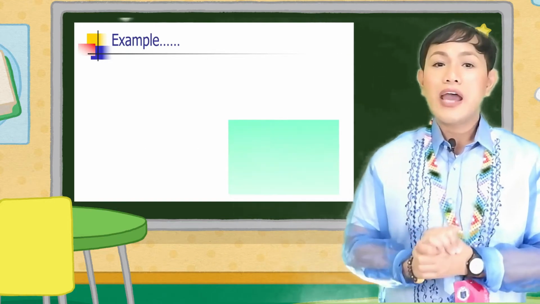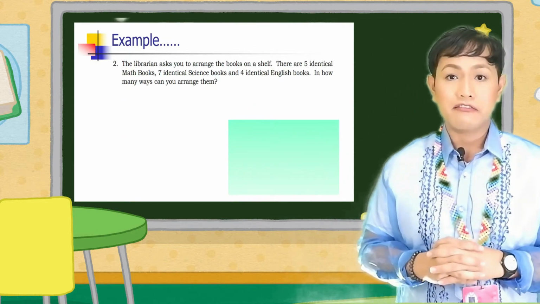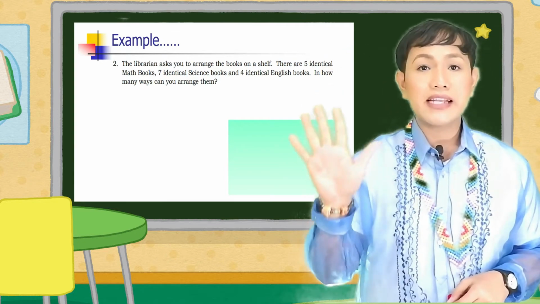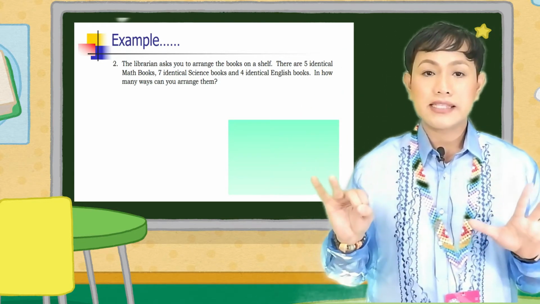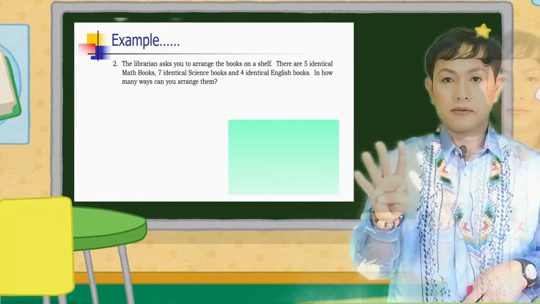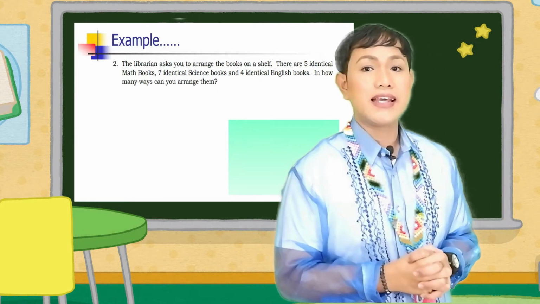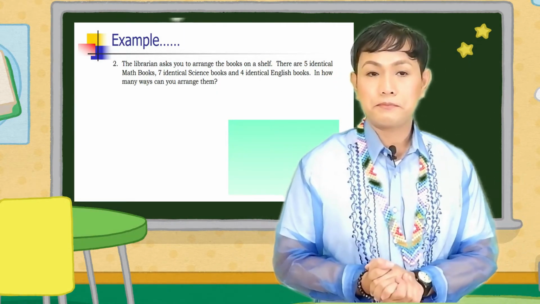Okay. The librarian asks you to arrange the books on a shelf. There are 5 identical math books, 7 identical science books, and 4 identical English books. This time the question is, in how many ways can you arrange them?